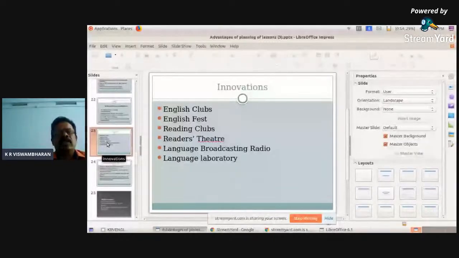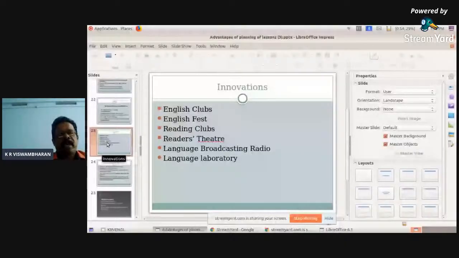Veteran English teachers lead the English clubs, and efficient students in all schools also lead the English clubs very well. Let us think about which activities can be implemented through English clubs.